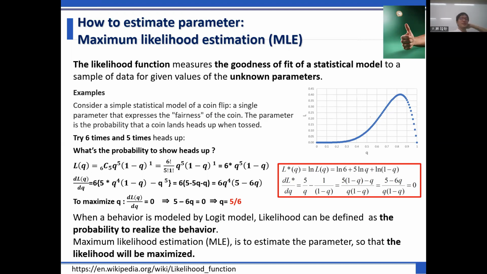Coin flip means when you flip the coin, which is the top or which is the bottom is tested. And there is a single parameter that expresses the fairness of the coin. The parameter is the probability that the coin lands heads up when tossed.